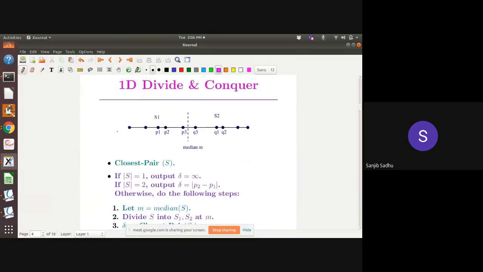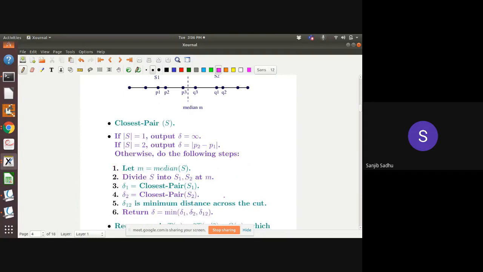So this is the problem. If S has only 1 point, there is no closest pair, undefined. If S has 2 points, then it is P1 minus P2. Otherwise, do the following steps. I will first find the median of the points, then divide S into S1 and S2 at M. Then I will solve closest pair recursively.